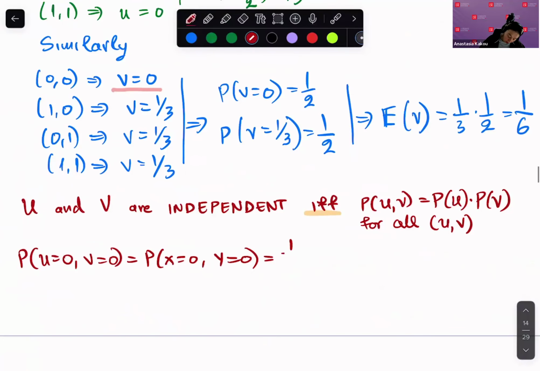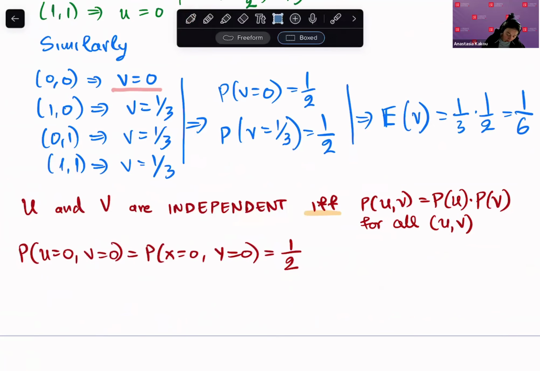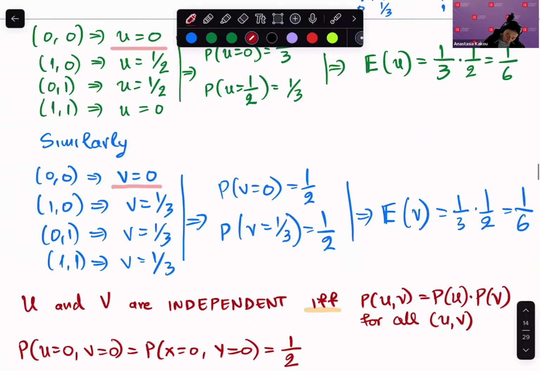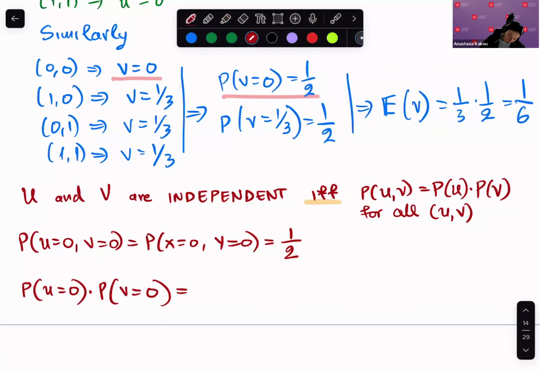Okay, so this is the joint probability of u and v both being equal to 0. How about the marginals? So the probability of u equals 0 times the probability of v equals 0. So now we look at the marginal probabilities. So you have this times that, so 2/3 times a half, and that's equal to 1/3.